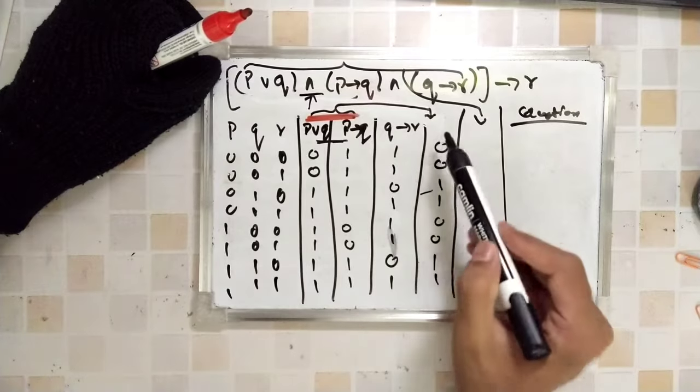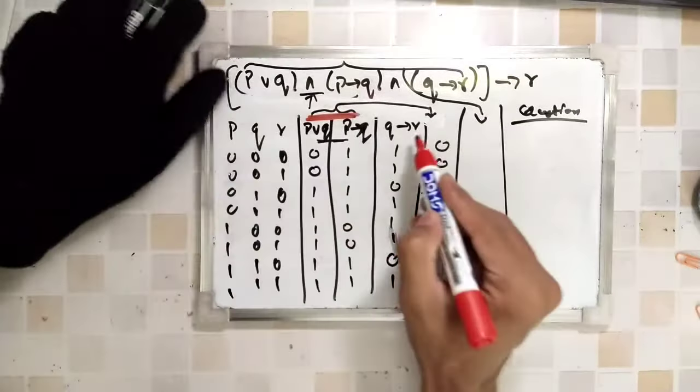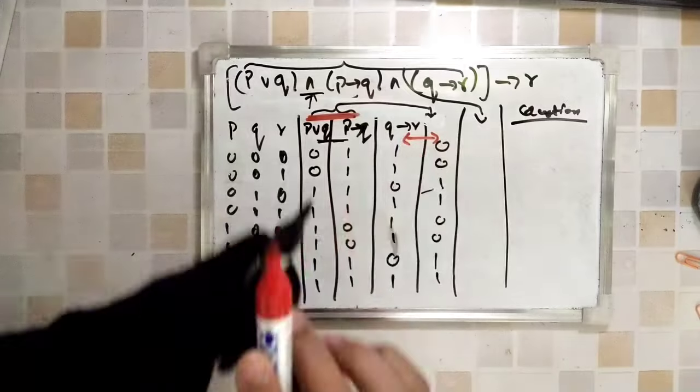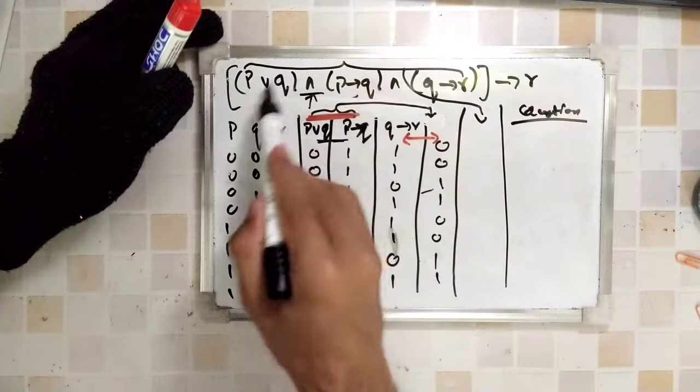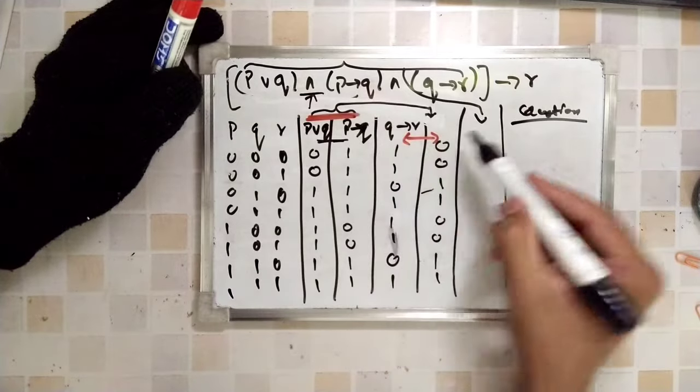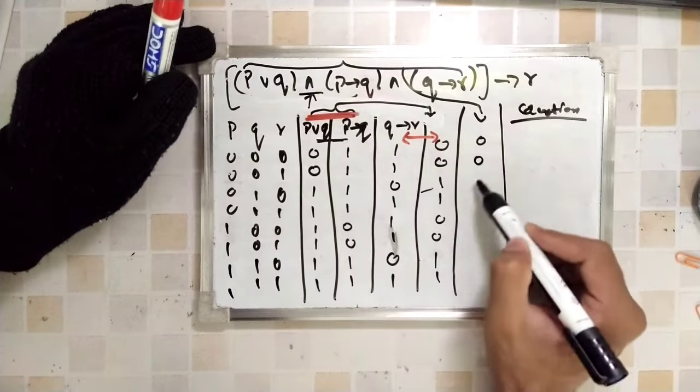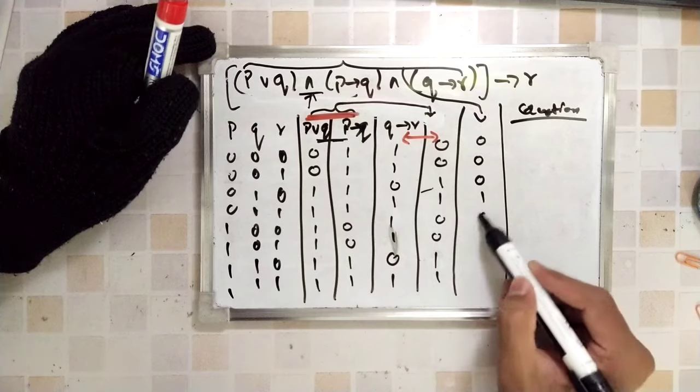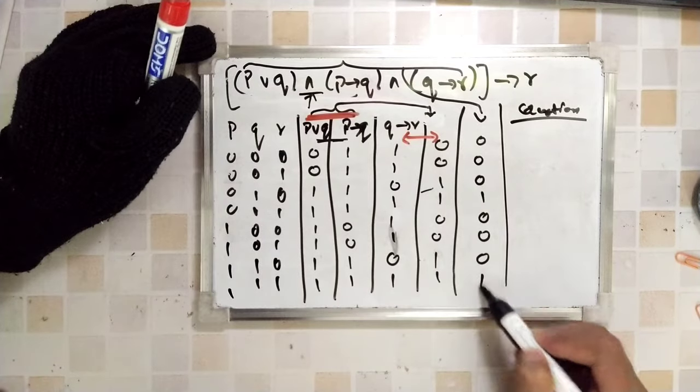Now what I will do, this value and this value, I have to multiply now. This whole thing we found here is being multiplied with this, so I have to multiply this again. So 0 0 and here it is 0, so 1 0 0 and this is also 0 and this is 1.